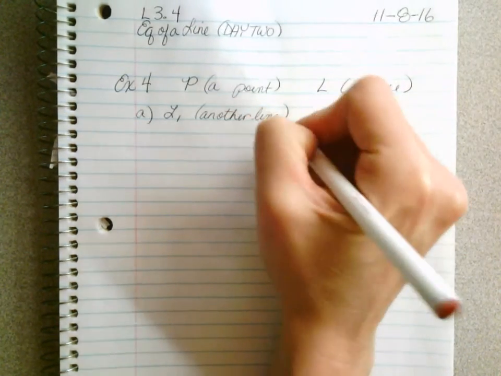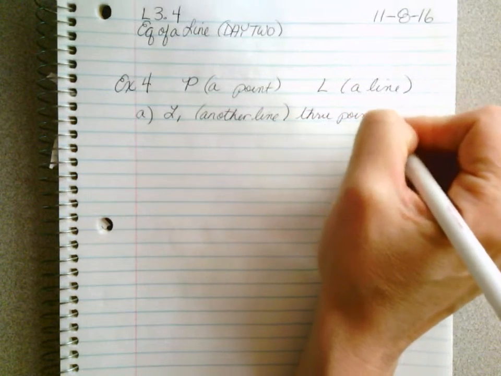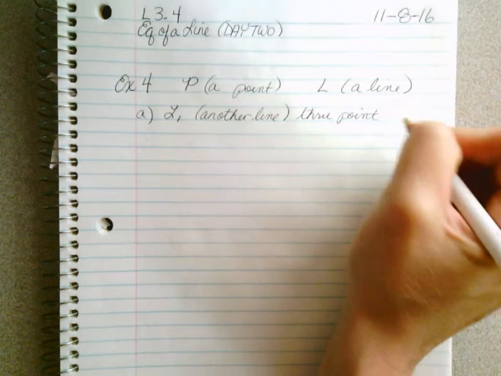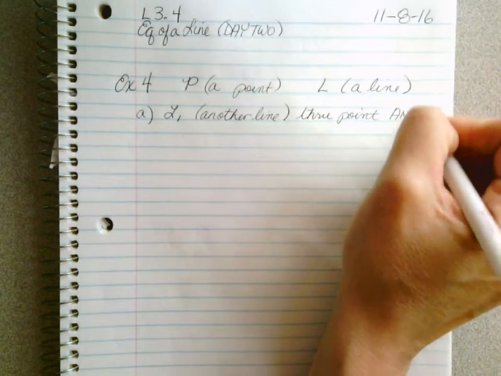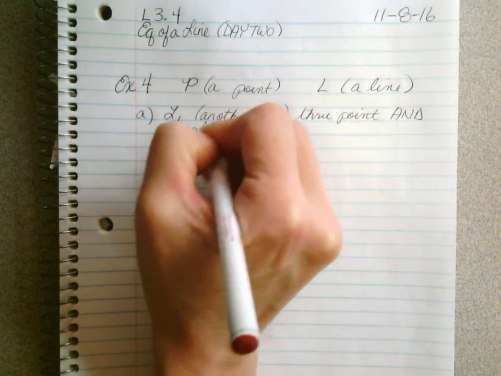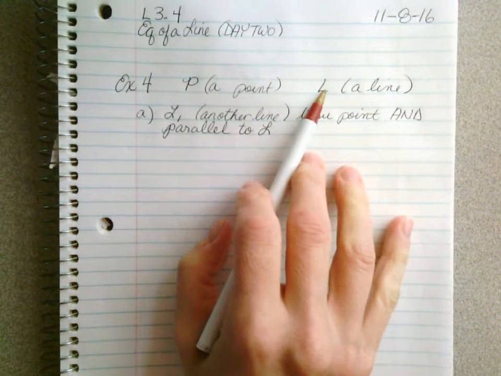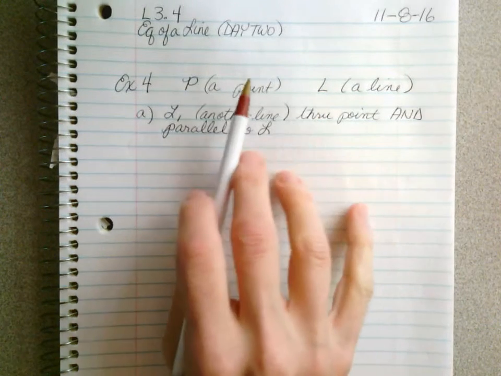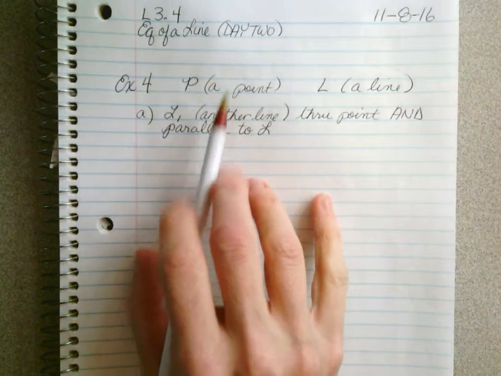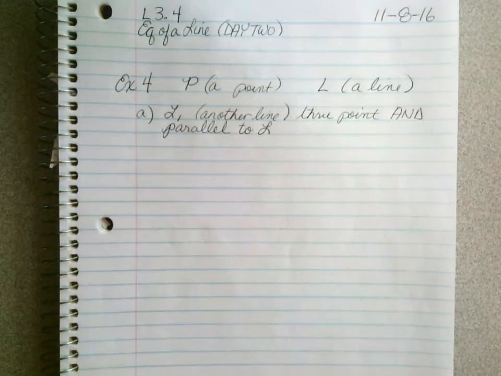That is through the given point, whatever the point is they've given us, and parallel to the original line. Okay, L is the original line. They want you to find another line using the point they've given you that is parallel to that.